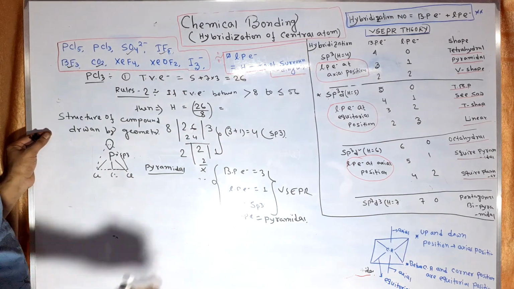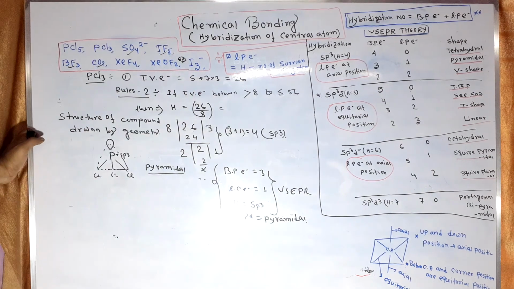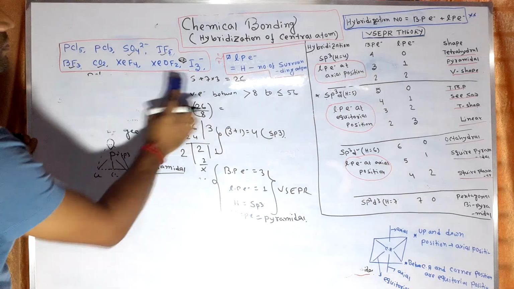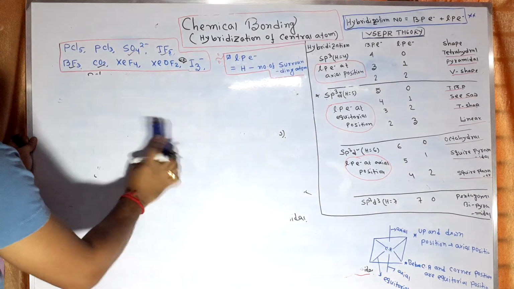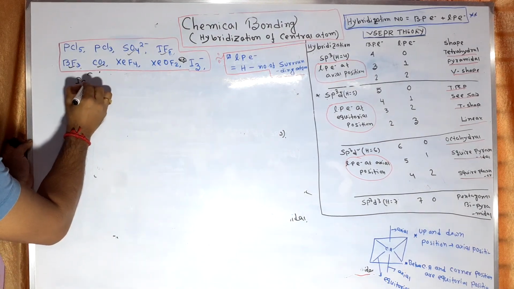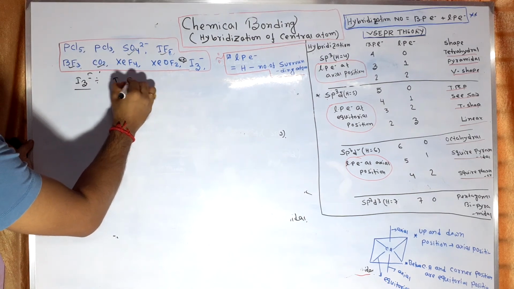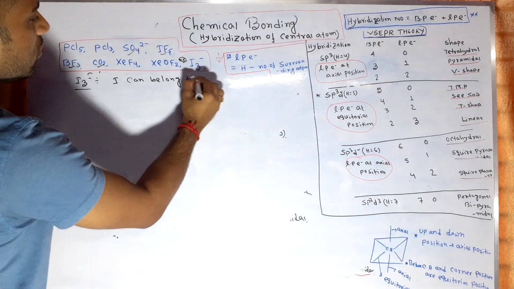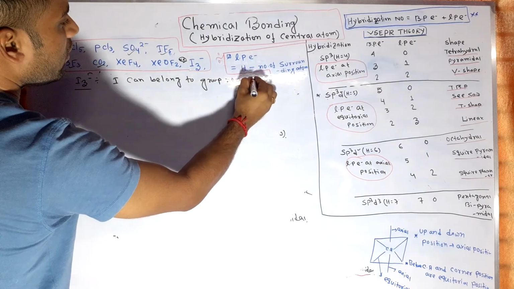Next I describe I3 minus. What is the structure, shape and geometry of the species I3 minus, an ionic species? For I3 minus, first we know that iodine belongs to group number 17.